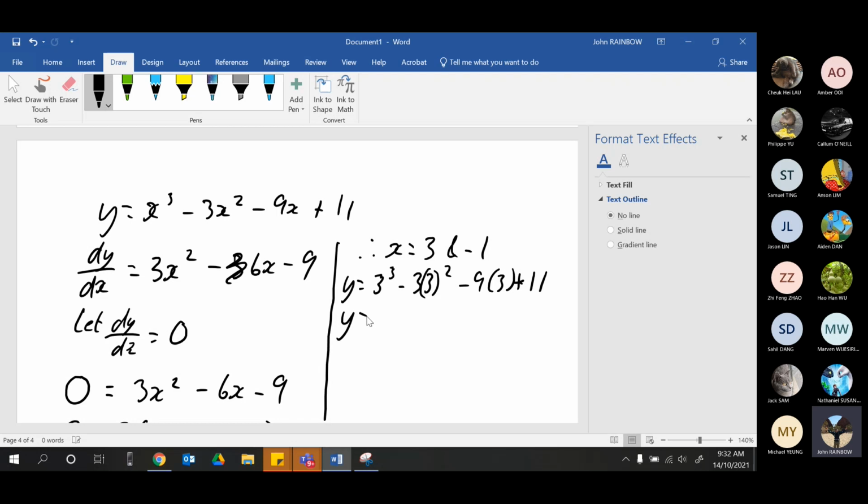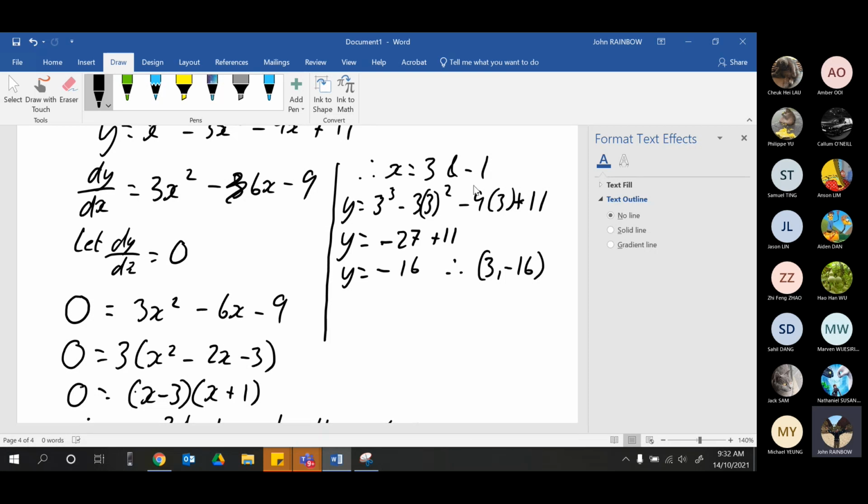That just equals 0, which is 27 minus 27. 9 times 3 is 27, so -27 plus 11. So y equals -16. Therefore, the coordinate of the turning point is at 3, -16.